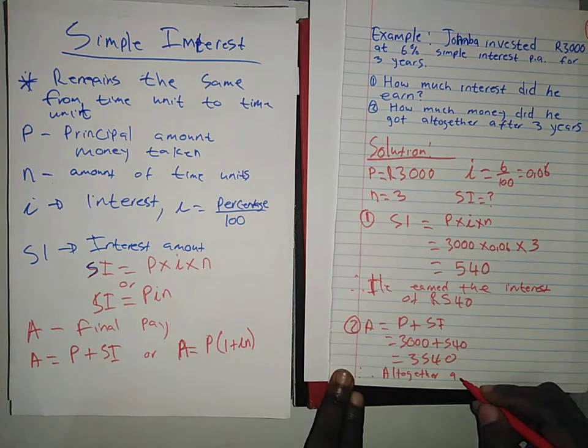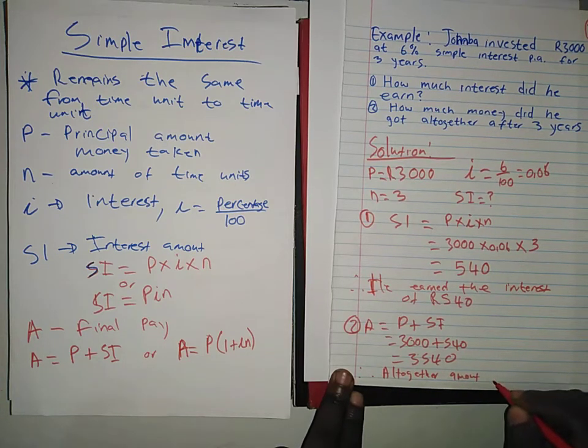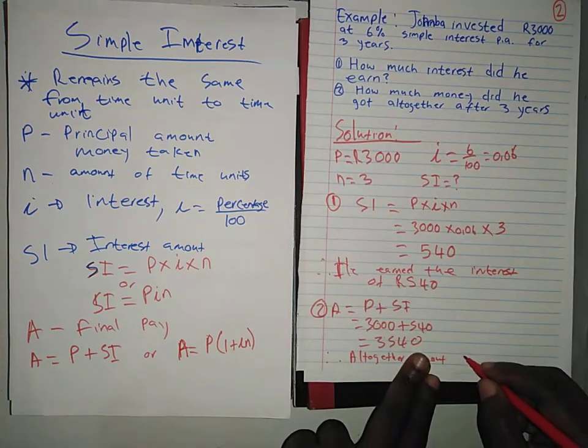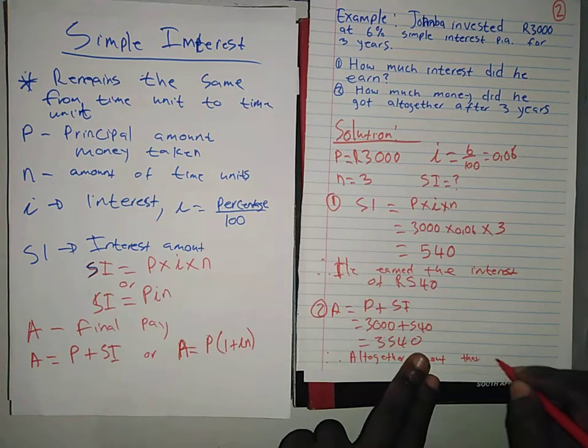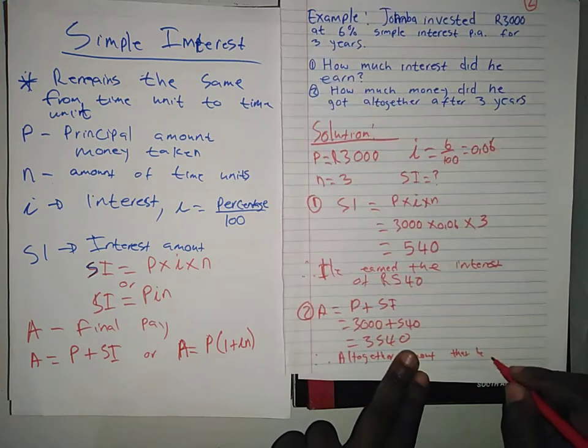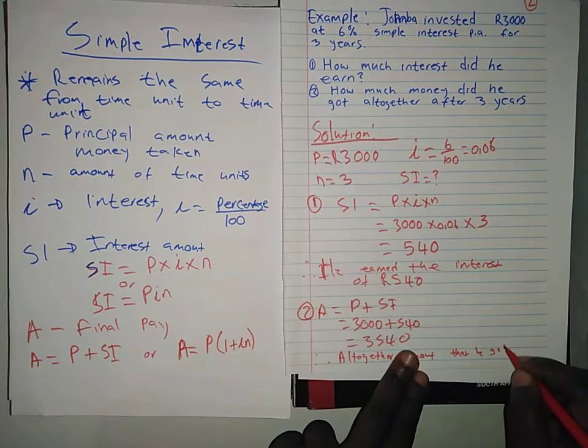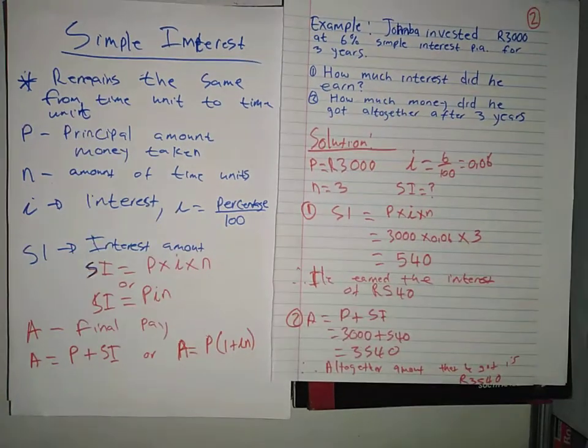The amount that he got is 3,540. Right, wonderful. Okay, let's look at the third example.